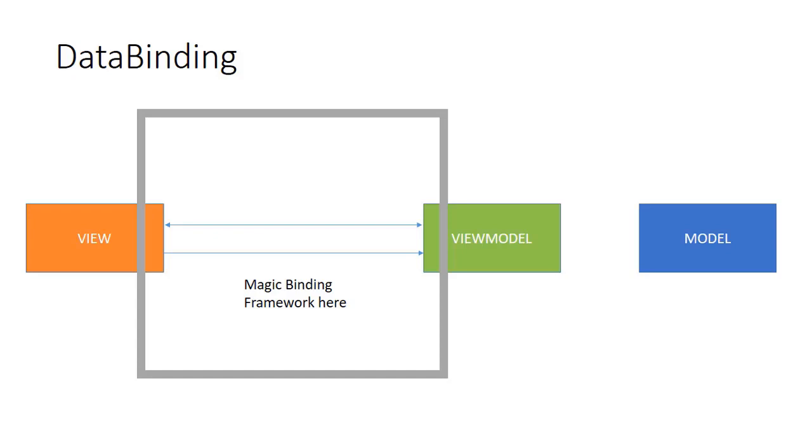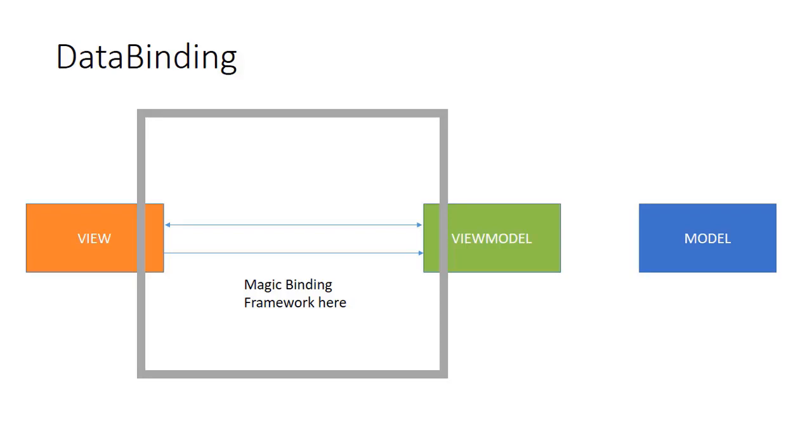I have already mentioned that between the view and the view model, there is a data binding framework. This data binding framework is used to pass the information to the view from the view model and from the view to the view model. But very often, we have data binding going between our view and the model classes directly. Let me clear things up again.